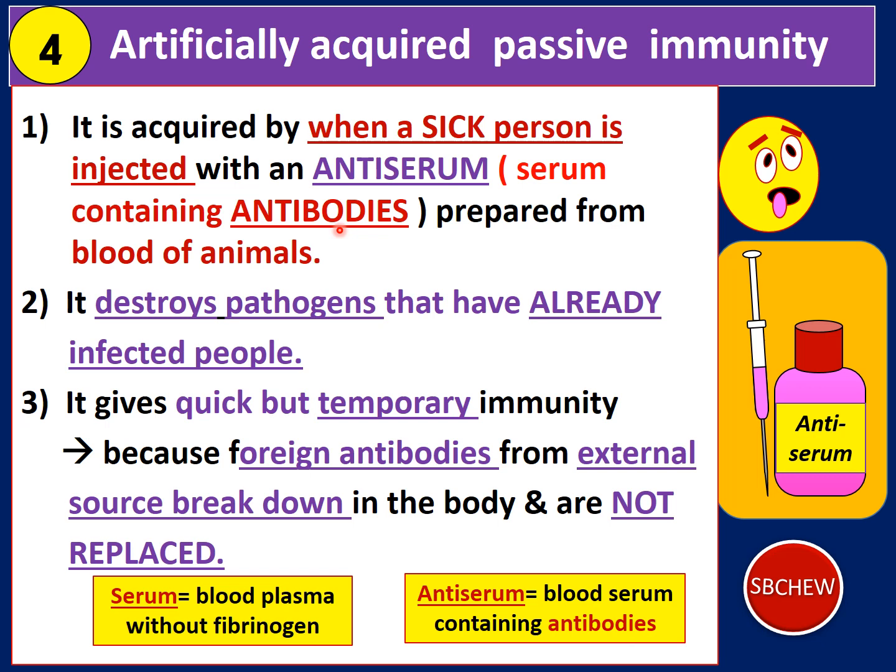So after they recover, their blood will be extracted and it will contain the antibodies which can help sick people recover. So this serum containing antibodies will be sent to the hospitals and clinics. In case there's somebody who is sick with that particular disease, they can be given the antibodies straight away.